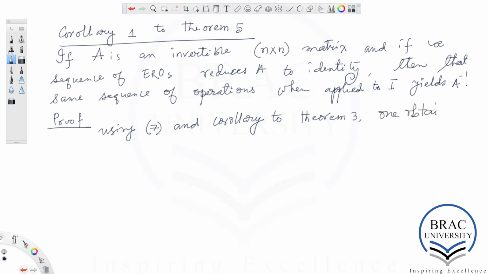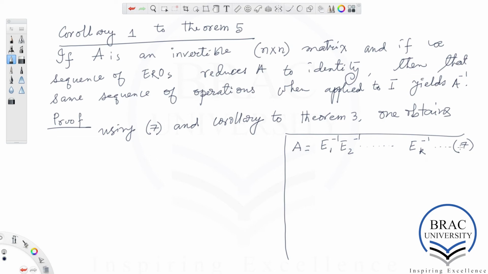Let me write equation 7 first. It was A being equal to E1 inverse times E2 inverse all the way up to EK inverse. This was our equation number 7.